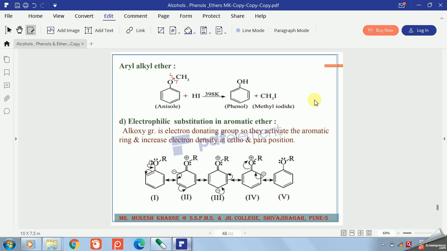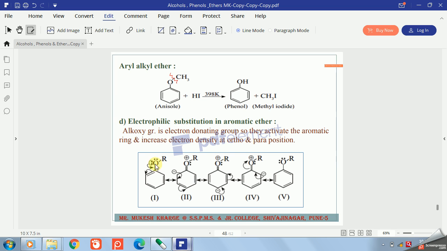If we transfer the lone pair of oxygen towards this benzene ring, then in the first structure there is a double bond between oxygen and carbon, and negative charge is transferred towards the ortho position. So the first ortho position is negatively charged in the second resonating structure, and if we write one more resonating structure, in the third structure the para position is negatively charged.